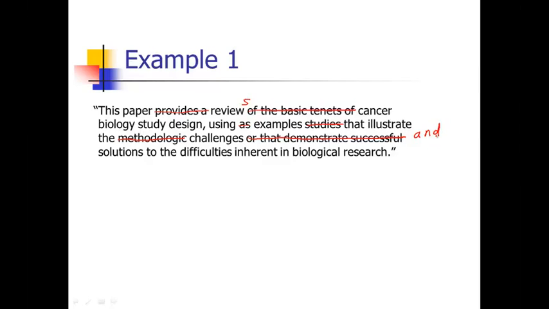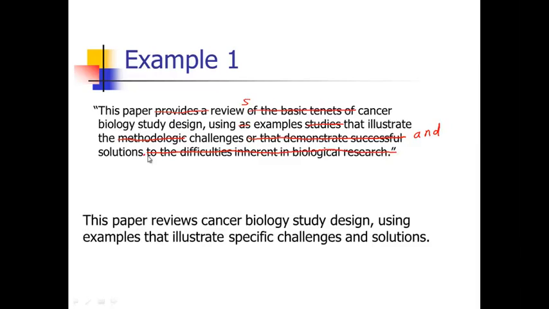Again, we've got a repetition here. We had the word challenges before, now we get the word difficulties. We don't need that repetition. And "inherent in biological research" doesn't add anything because I already know that we're talking about cancer biology study design. So I don't think we lose anything by striking that whole last bit. We end up with, "This paper reviews cancer biology study design using examples that illustrate specific challenges and solutions."